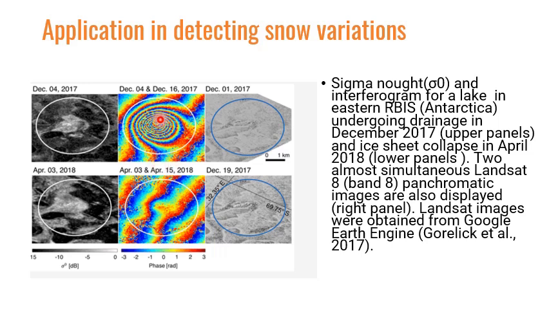It's different before the fringe like this one, and after the fringe changes to this kind of shape. So from this example, you can understand how they use the pair of images to detect the change of snow variation.